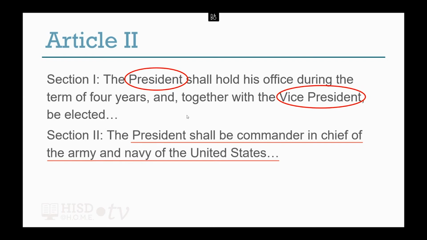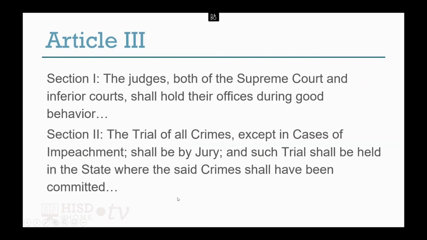All right, so we have one branch left, so let's go ahead and read Article 3. This time, I'm going to let you guys read it on your own. I'm going to give you guys about 2 minutes to read this excerpt from the Constitution, try to figure out which branch is being discussed to find evidence of that, and figure out what powers are discussed for that branch.